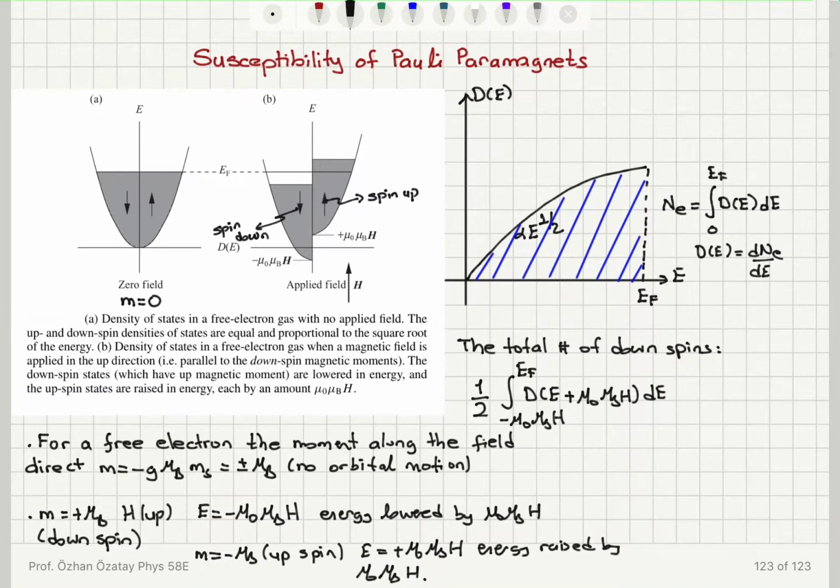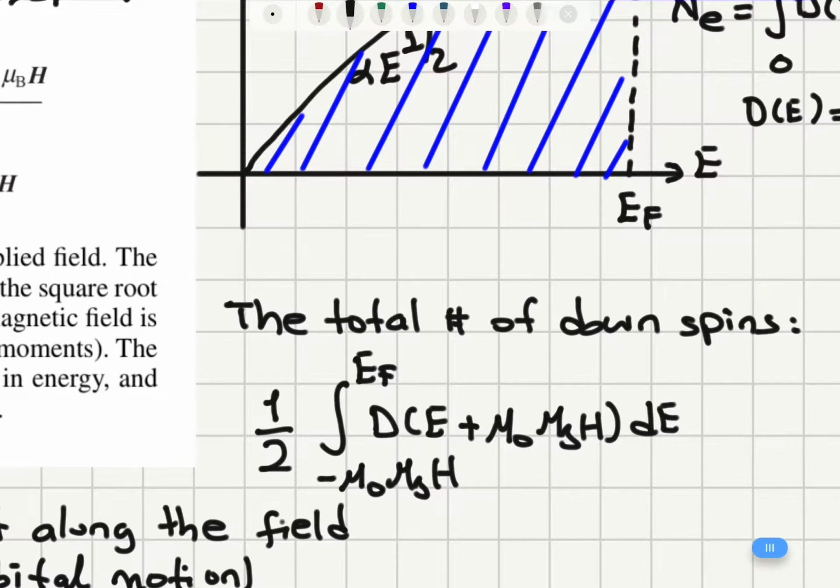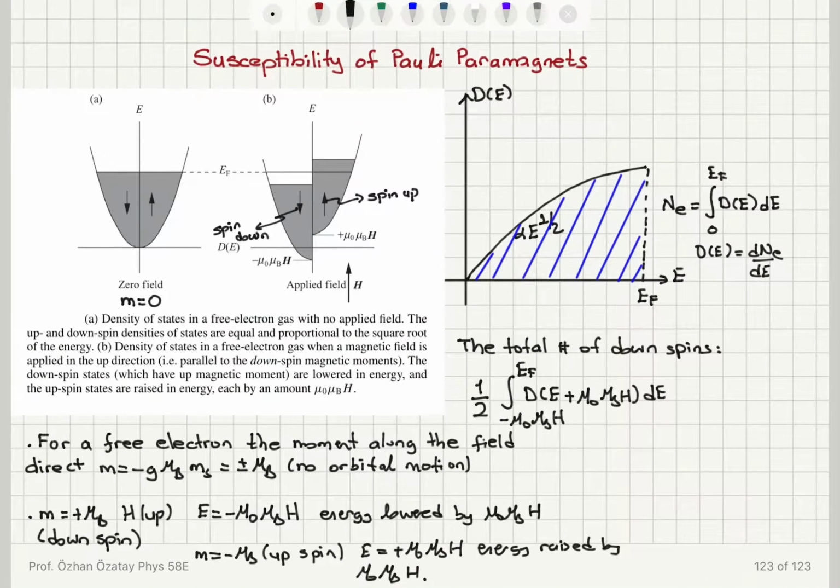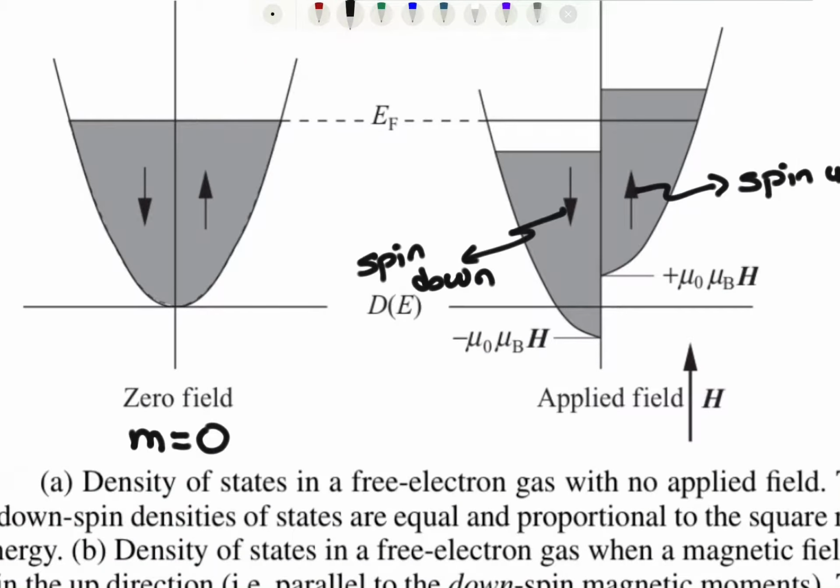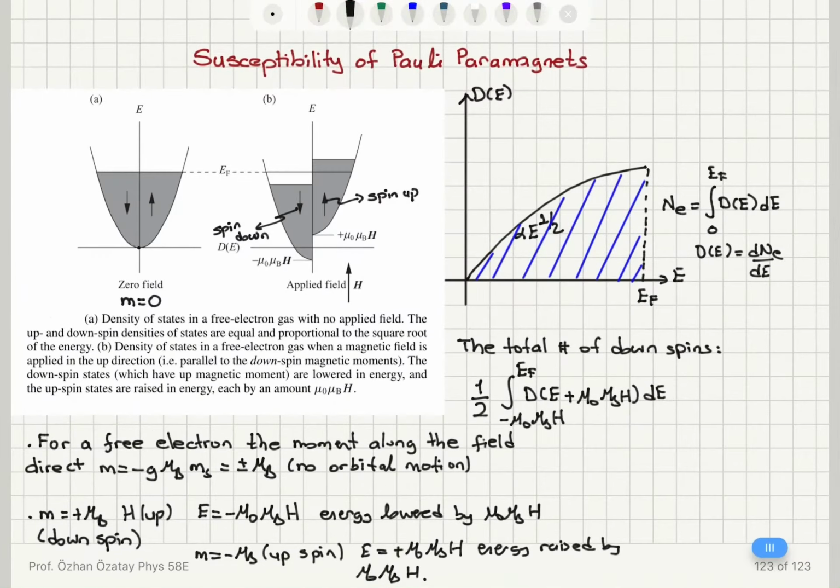And why is that the case? Since the energy has been lowered by mu 0 mu B H, the minimum energy is not 0, it's minus mu 0 mu B H. If you substitute for energy E equal to minus mu 0 mu B H in density of states, you get density of states at minus mu 0 mu B H plus mu 0 mu B H. That would give you the density of states value you originally had at 0, and therefore you should recover the same result.